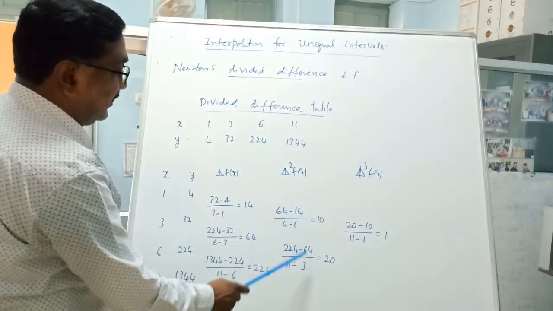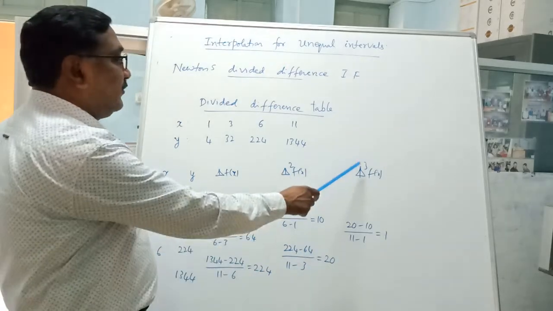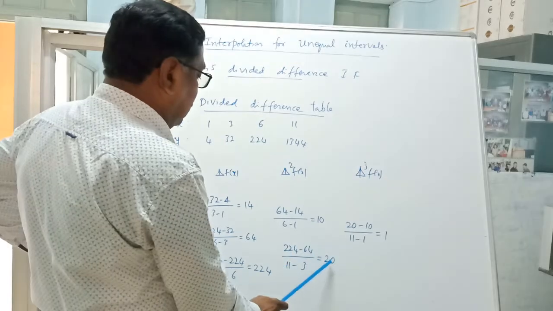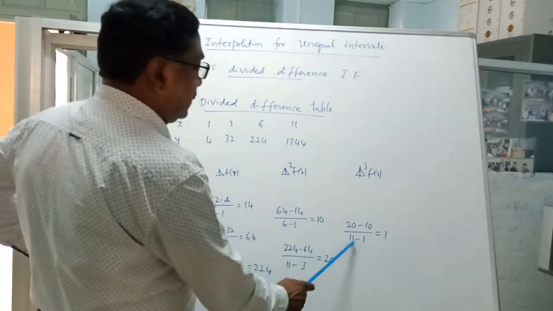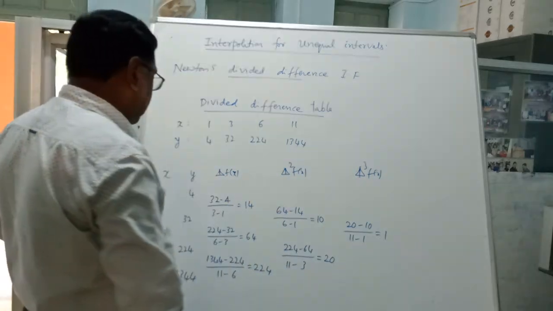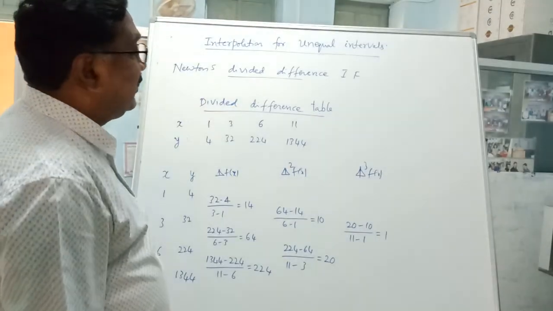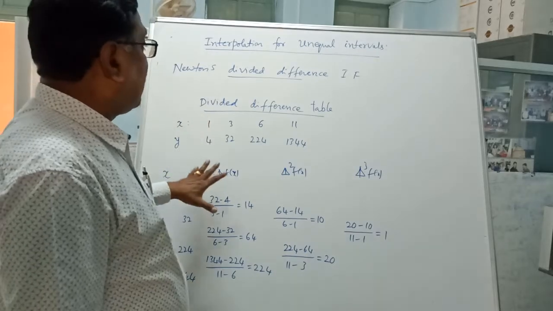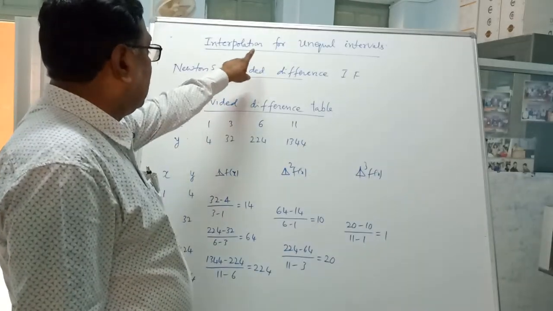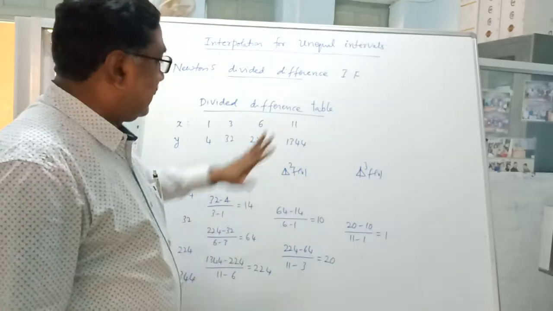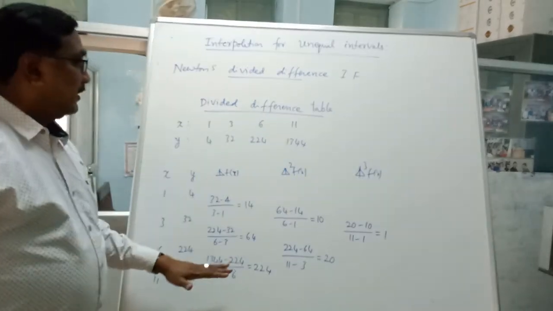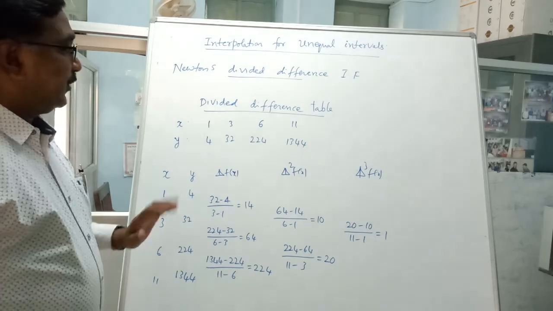These are the second divided differences. Then the third divided difference is obtained by 20 minus 10 divided by 11 minus 1, which is equal to 1. This is the method of constructing the divided difference table, and it is most important for finding the interpolation when the values of h are not constant. First, we have to learn how to construct the divided difference table.